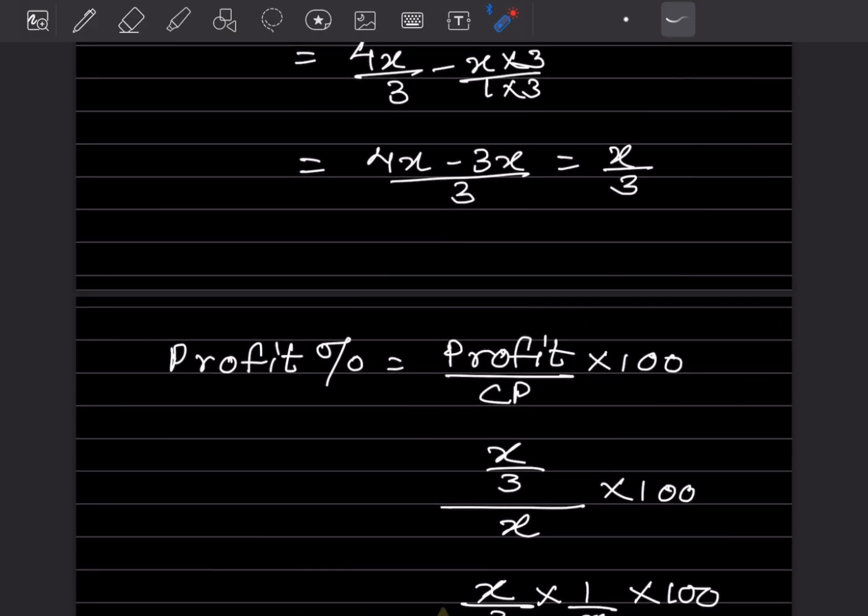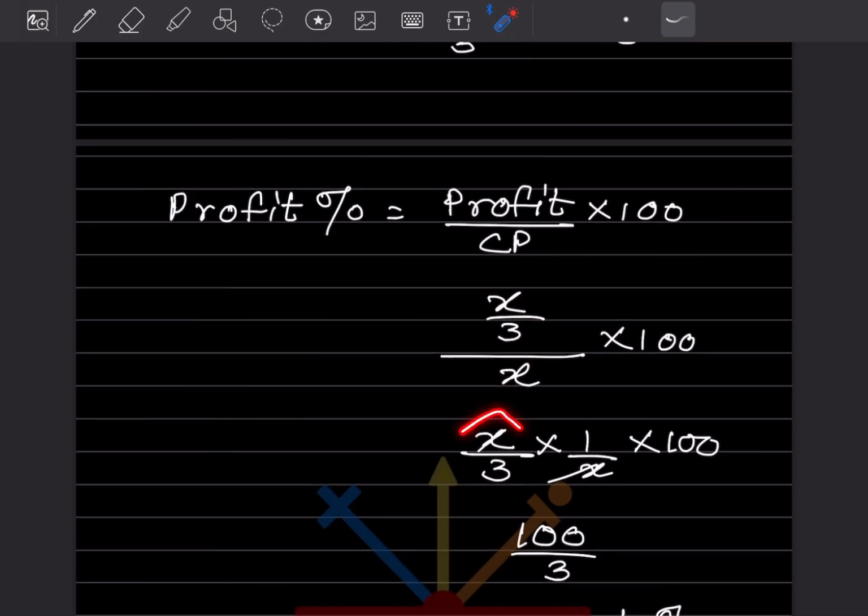So what will you do? You know the formula for the profit percentage, that will be profit by CP into 100. So we got the profit as x by 3 and the cost price we have considered as x, into 100. Here this is the numerator and this is the denominator. The numerator stays as it is, and the denominator we can put over 1 so that it gets flipped over. So that is going to be 1 by x into 100.